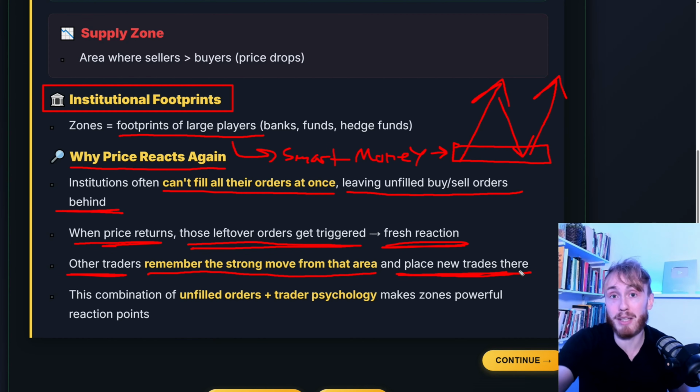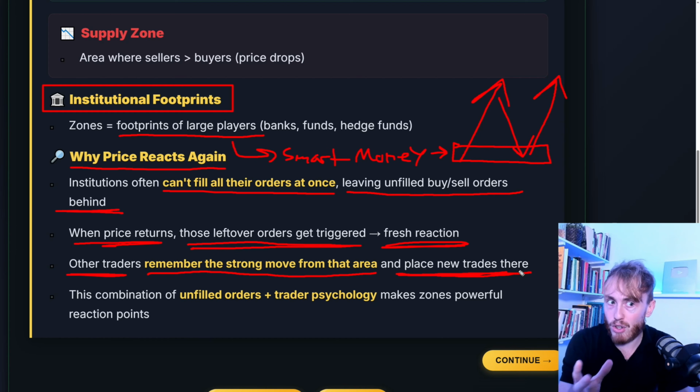So for example, people that watch this course right here might in the future be able to identify one of these demand areas, and as a result you might take a trade, which leads to even more buying pressure, which makes it even more likely that people spot these patterns in the future.